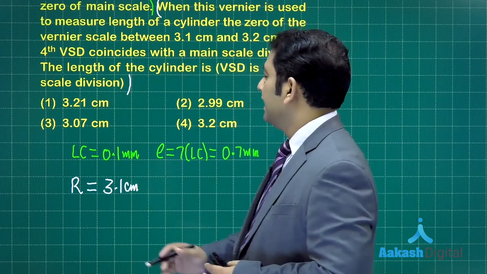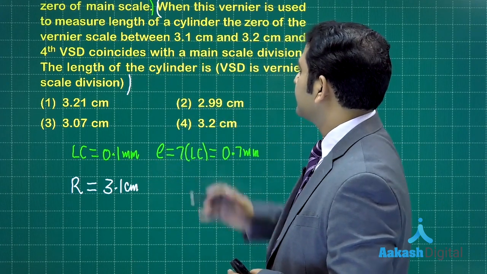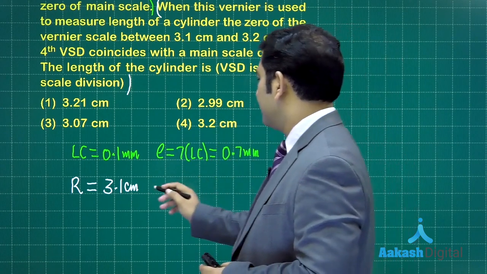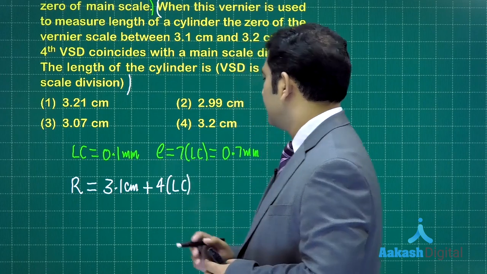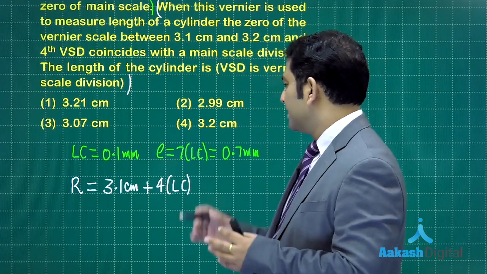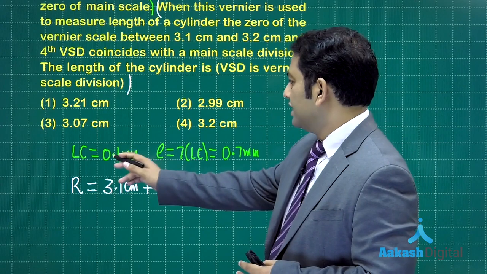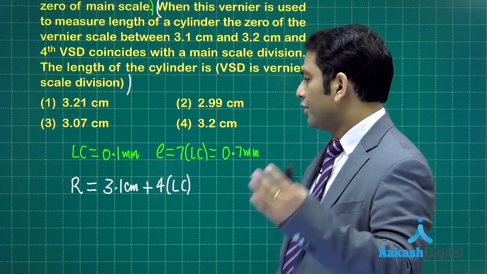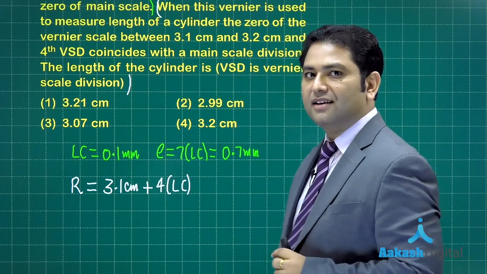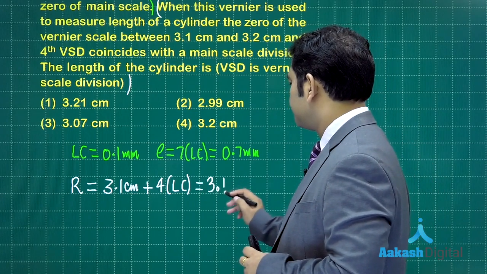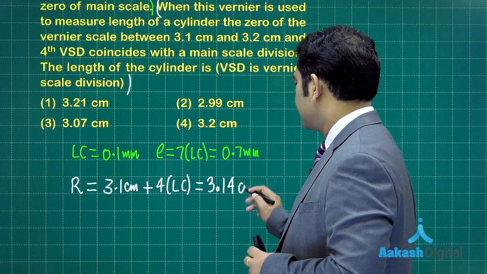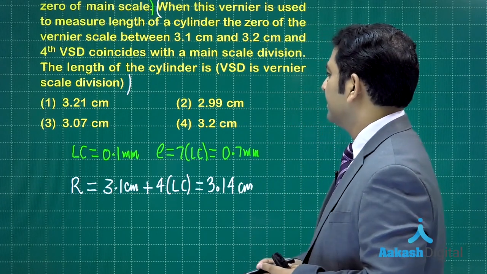And the 4th vernier scale division coincides with the main. So that's going to be 4 multiplied by least count. So how much is it going to be? The least count is 0.1 millimeter, so 0.01 centimeter, right? So that's going to be 3.14 centimeter. This is what you get.